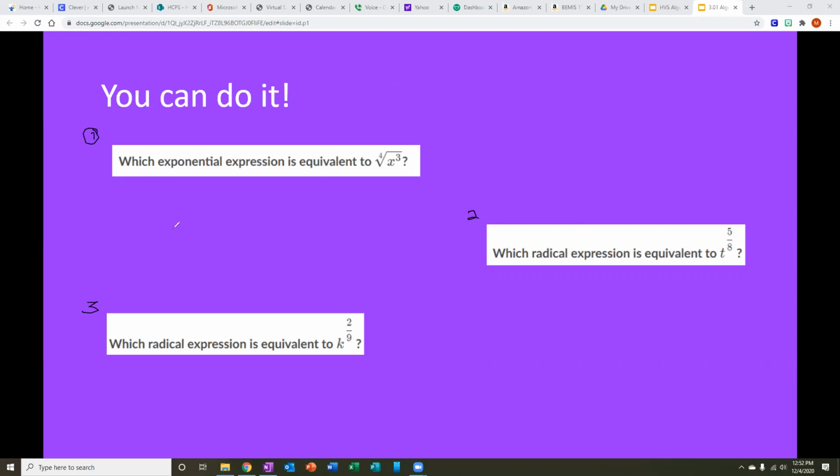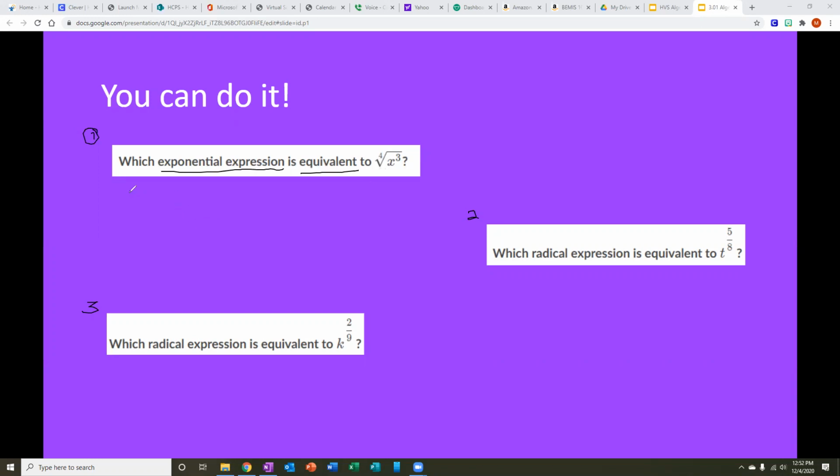Okay. So the key words here are equivalent and exponential expression. So currently this is not an exponential form. This has a radical. So I don't want that radical there. And so then I ask myself, okay, what can be equivalent to a radical?